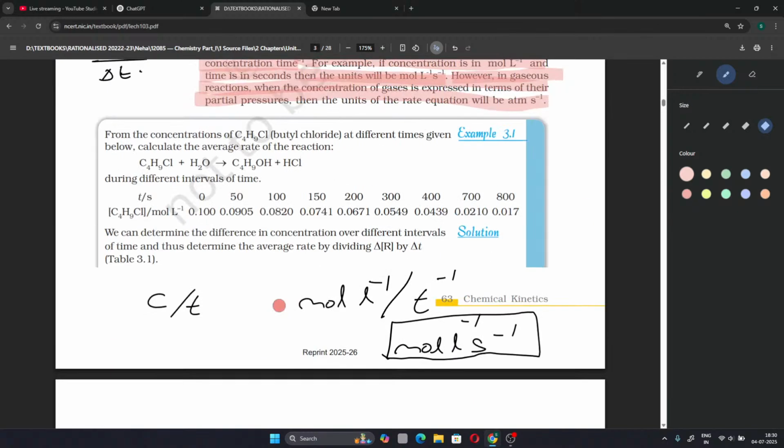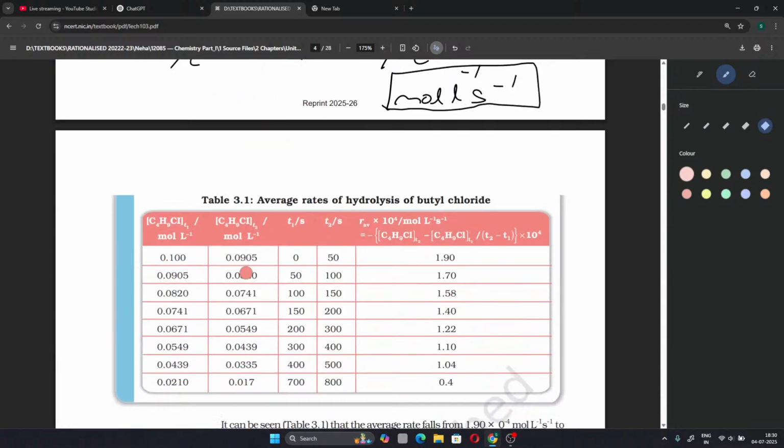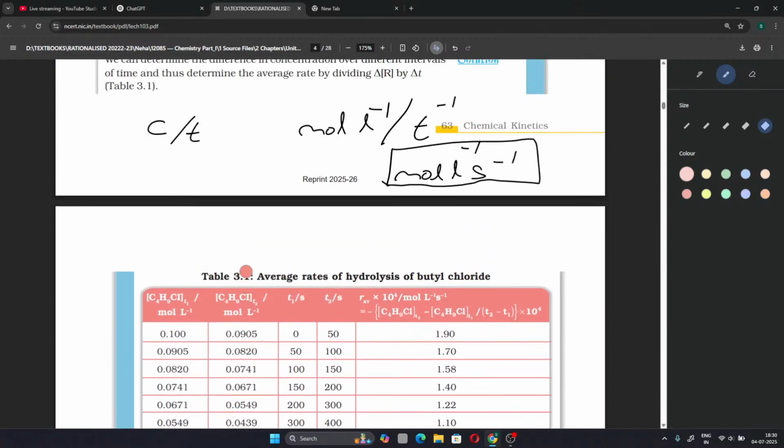Individually we should find it. Here at the start of the reaction at time 0, the butyl chloride is 0.1 mole, whereas the butanol is 0. As the reactant decreases, the product will increase, and we should find this out individually for all the times.